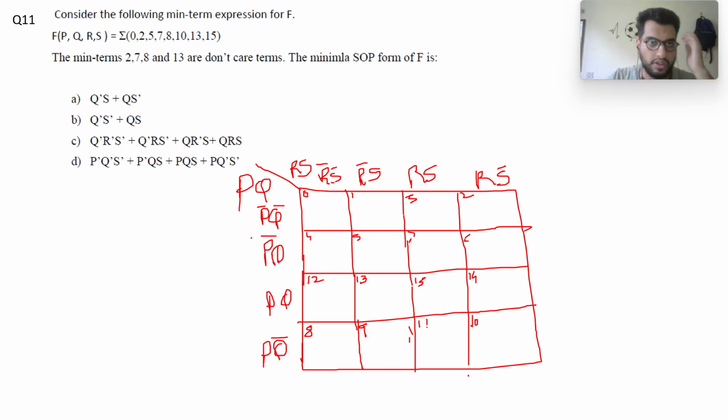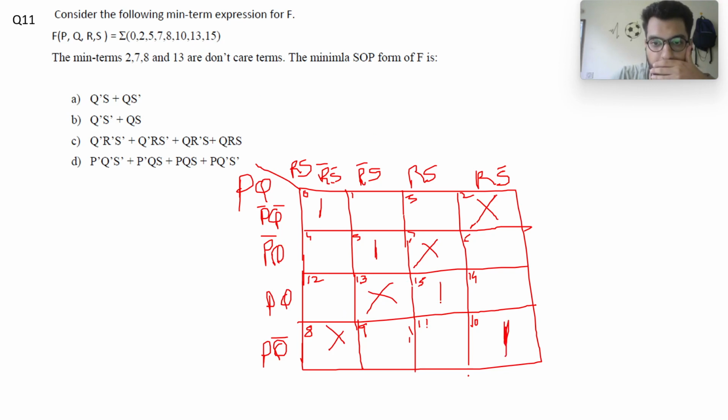So let's just write the don't cares first: 2, 7, 8, and 13. Now we'll write the minterms 0, 5, 7 (7 is a don't care, already written), 8 and 13, so 8, 10, and 13.